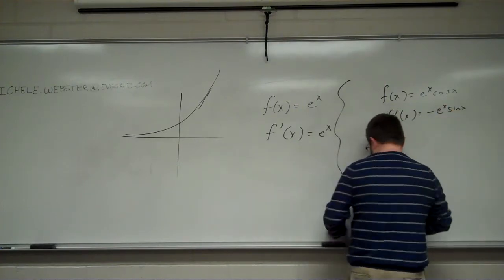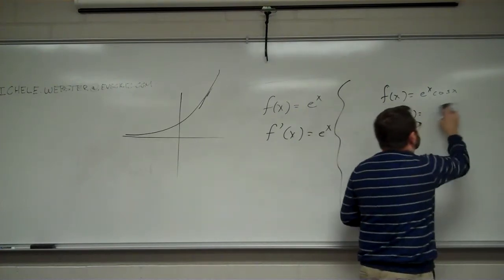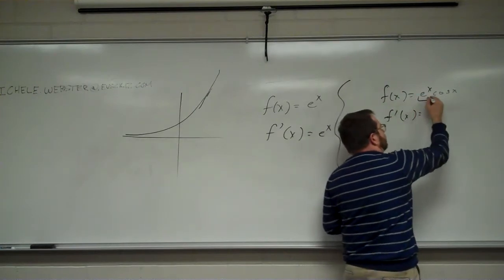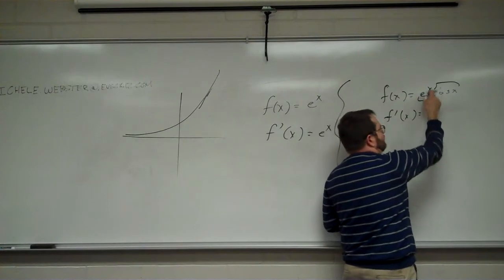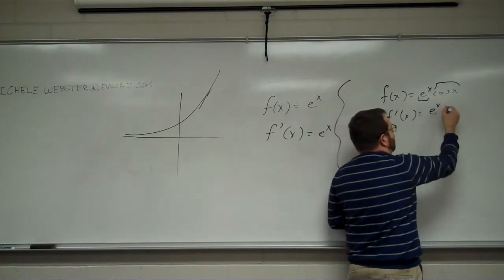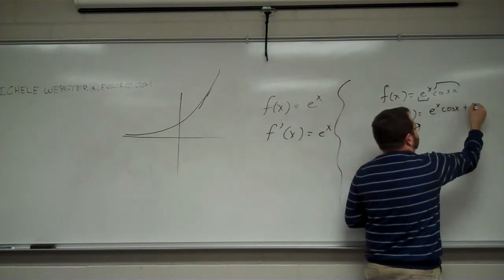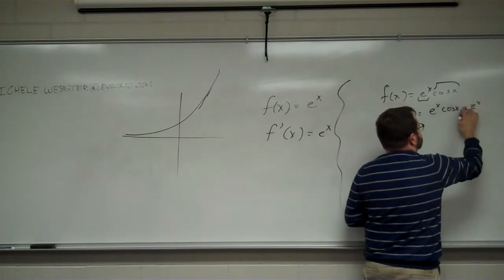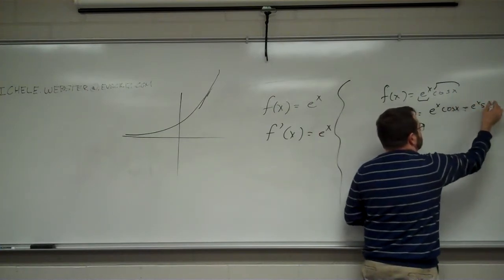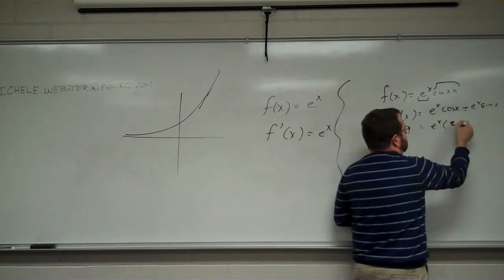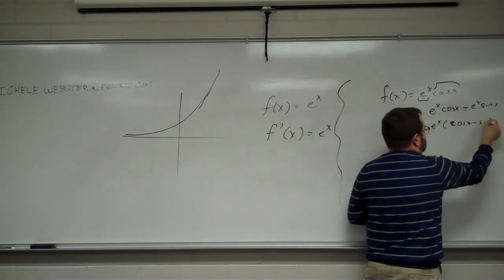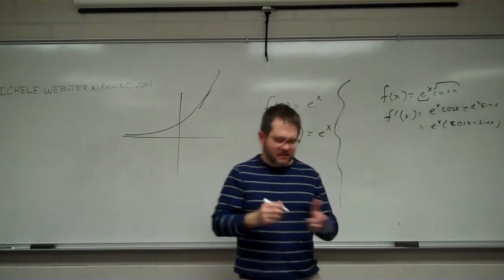Whoa, no, it's a product rule. Here's our first thing, here's our second thing. Derivative of the first, which is e to the x, times the second, plus the first times the derivative of the second, which means negative sine. And now we can factor that e to the x out. There you go.